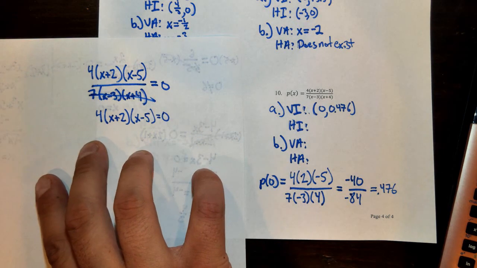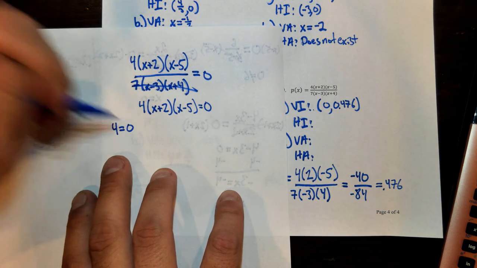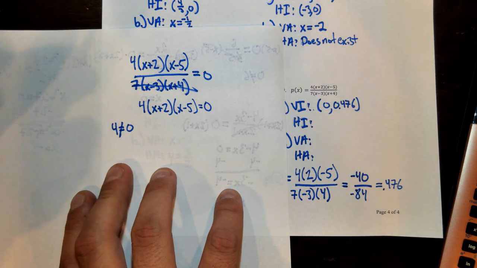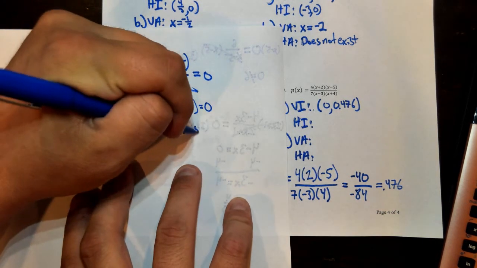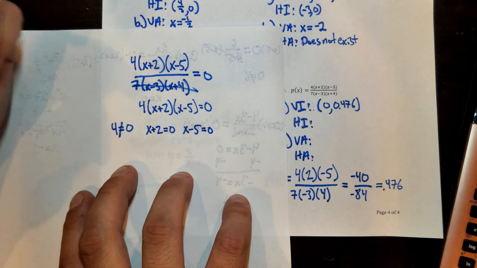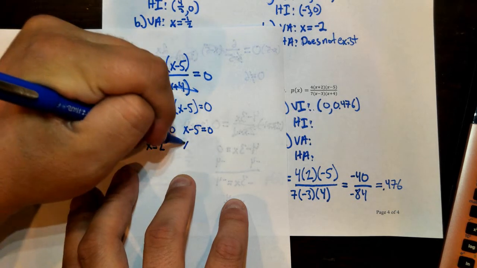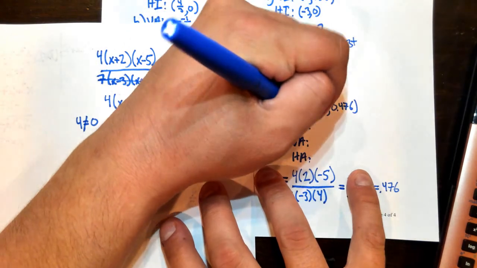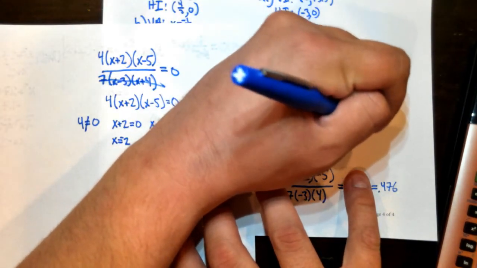Since it's in factored form, let's let each factor equal to 0 and solve for each x. So we have 4 equals 0, which will never be the case, so there's not going to be an intercept there. And then x plus 2 equals 0, and x minus 5 equals 0. Solving for this, we get x equals negative 2, and x equals 5. So our horizontal intercepts are going to be at negative 2, 0, and 5, 0.